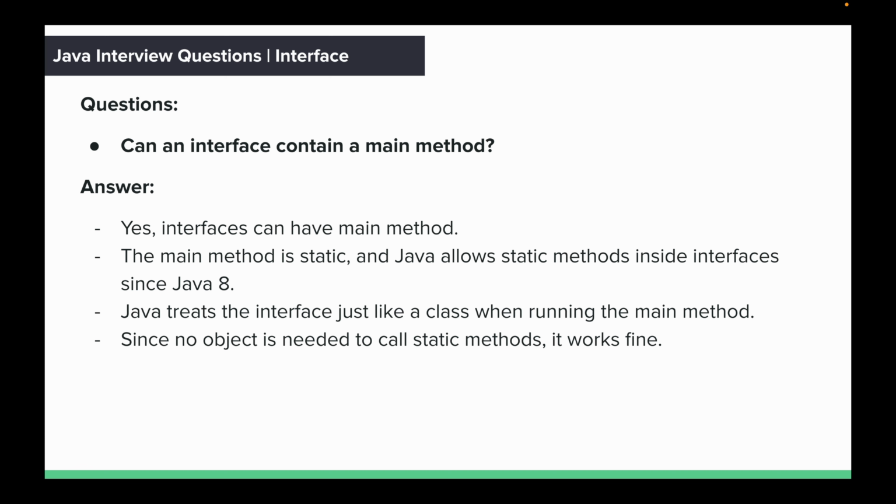That is the reason we can execute that static method directly and we can have that main method inside the interface. The only thing we need to keep in mind is that this feature, static methods, was added from Java 8 onwards. Below Java 8 it will not be supported, but from Java 8 onwards it definitely will.